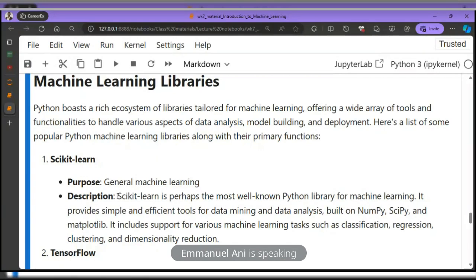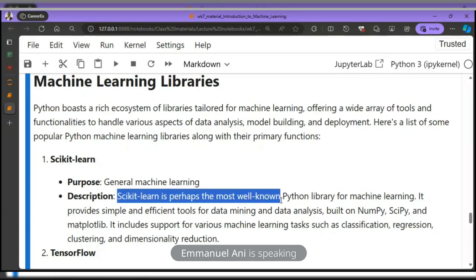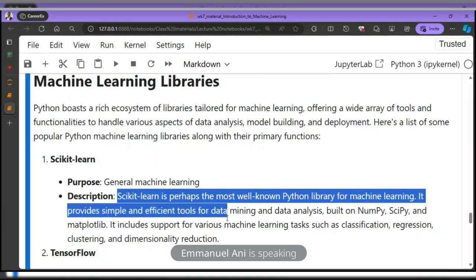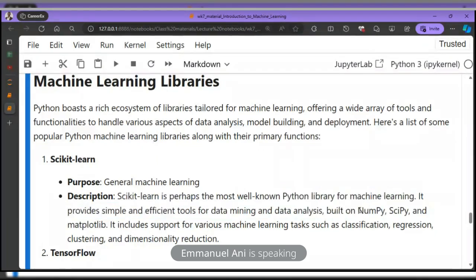You can see, yes, scikit-learn is perhaps the most well-known Python library for machine learning. It provides simple and efficient tools for data mining and analysis. It is built on NumPy. You can now see the relationship again. It is built on NumPy, SciPy, which is scientific Python, which we didn't look at, and Matplotlib. So you can now see the interaction between all these libraries.